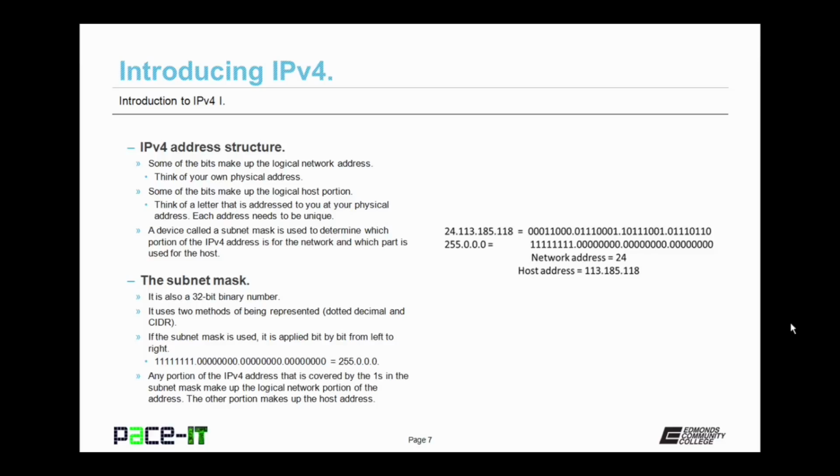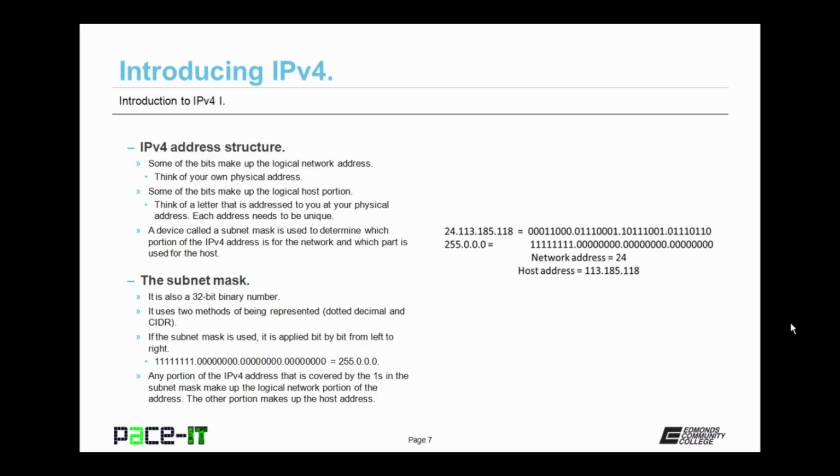And here's what I mean by that. The subnet mask 255.0.0.0 is applied left to right to the IP address. By the way, if that was represented in CIDR, 255.0.0.0 would be represented by a /8. Any portion of the IPv4 address that is covered by the ones in the subnet mask make up the logical network portion of the address.